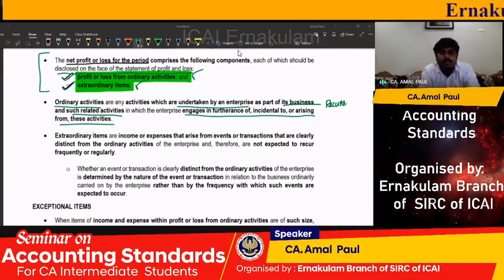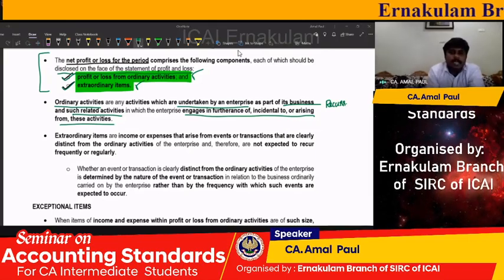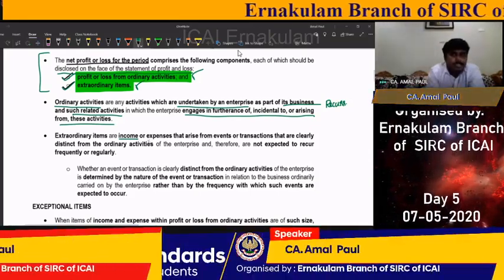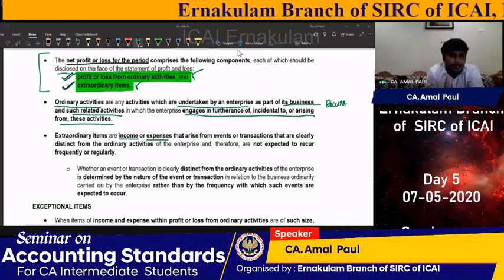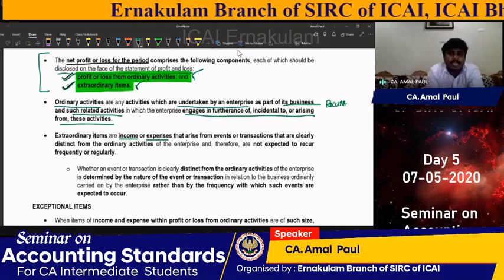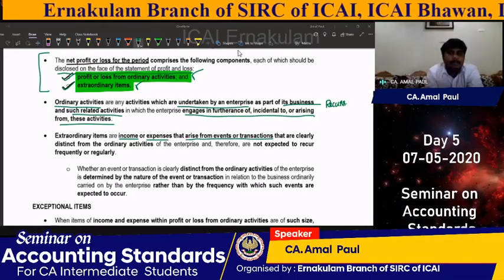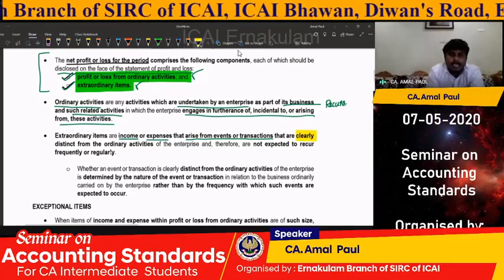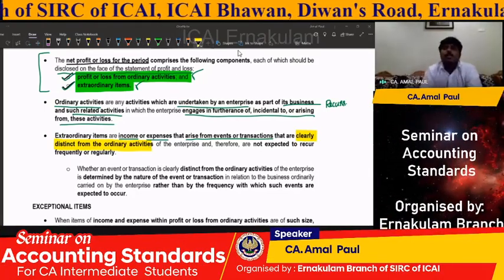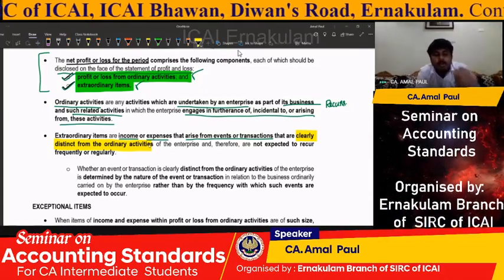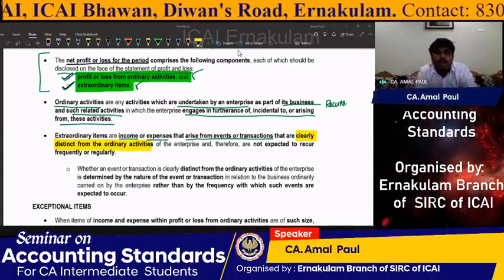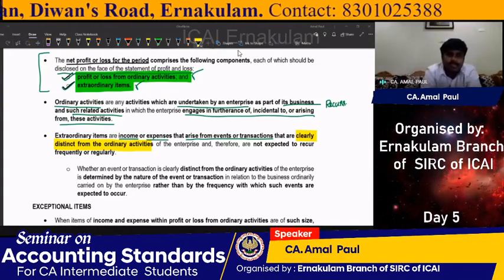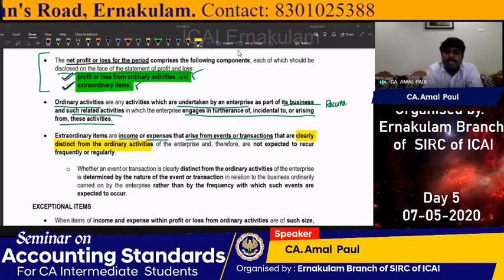Second type is extraordinary items. Extraordinary item means it may be an income or an expense that arises from events or transactions that are clearly distinct from ordinary activities. What is not related to our normal course of business, our normal activities, is known as an extraordinary item.